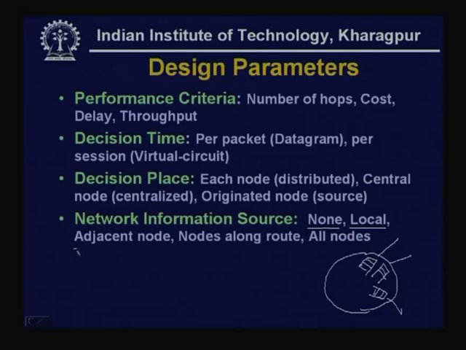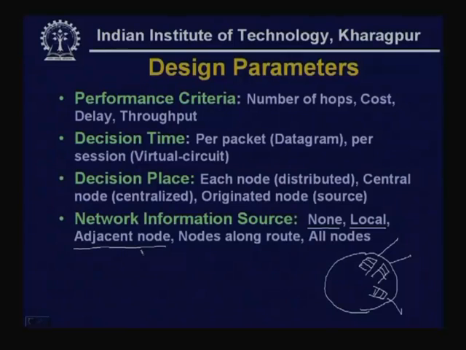The third possible alternative is that a particular node gathers information from the adjacent nodes, from its neighbors, and accordingly does the routing. Then we call it adjacent node. Or it may be nodes along the route. The particular node before routing gathers information from all the nodes along the route, then decides whether it will forward in that route or in some other route, or it can be very global.